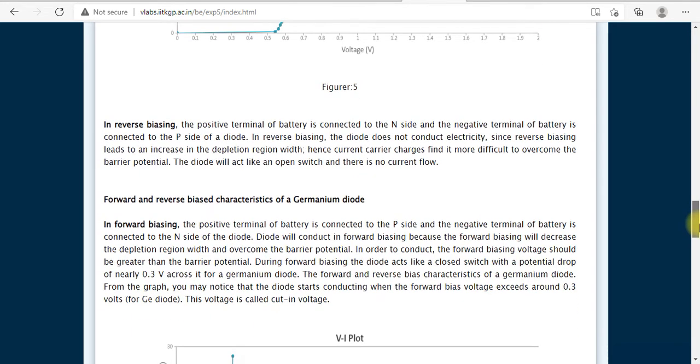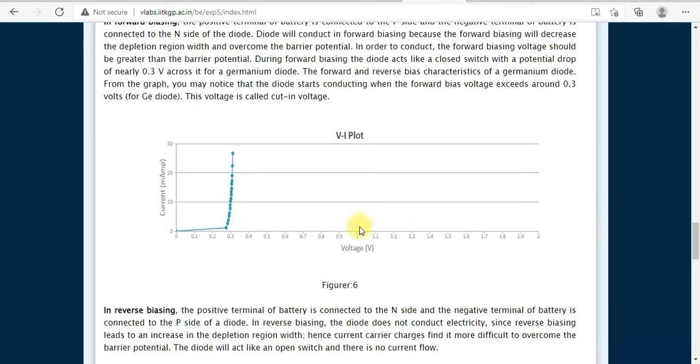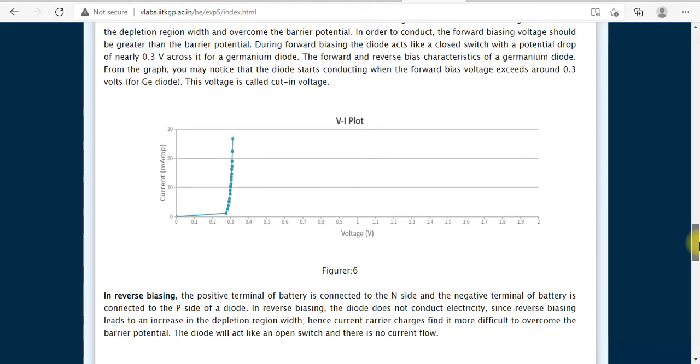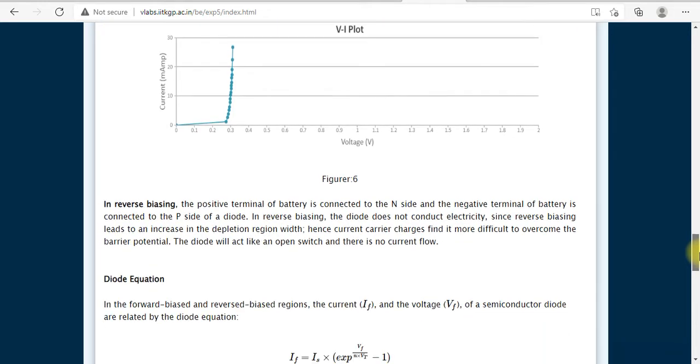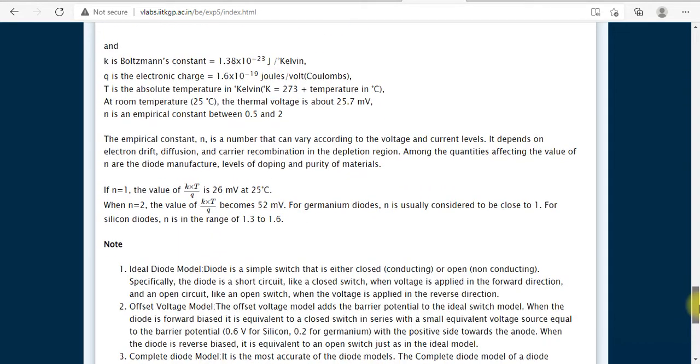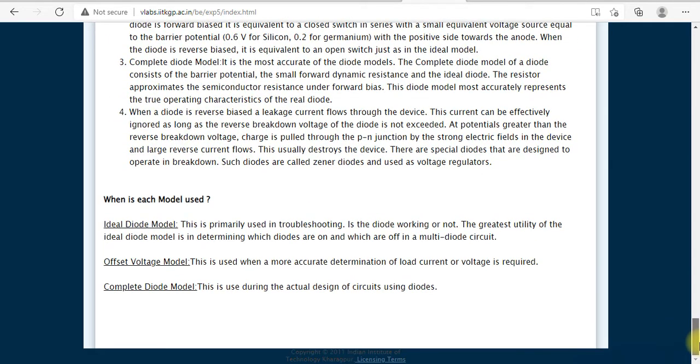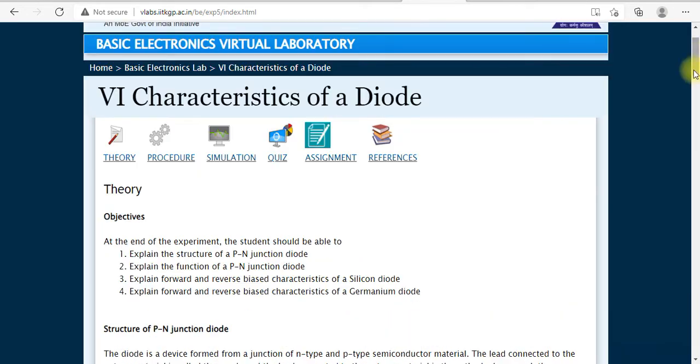That is for forward biasing, and then for reverse biasing. You can check the formulas here, and when each model is used is also there.